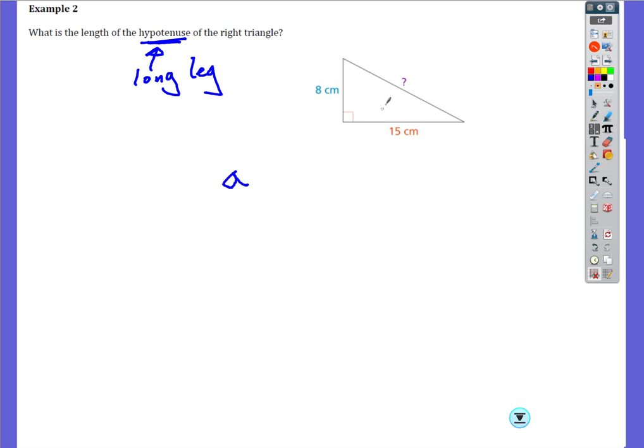We'll call this side A. We'll call this side B. If you want to interchange them, you'll get the exact same answer in the end. We'll call this side C. So we've got A squared plus B squared equals C squared.